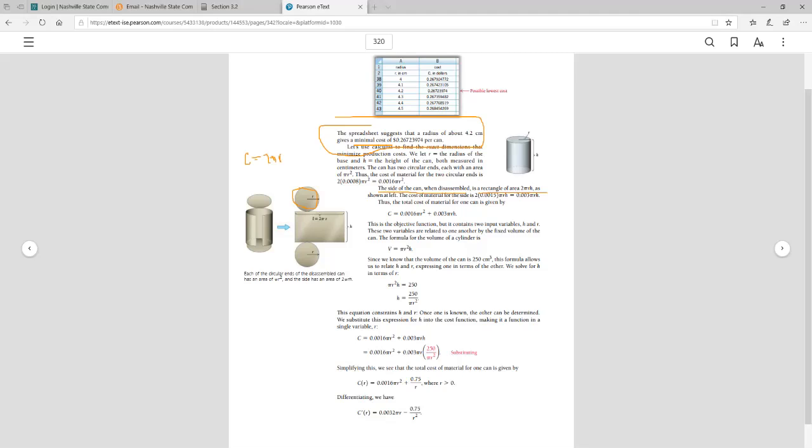But the distance around the circle is 2 pi r, which means that the distance from here to here along the rectangle would be the same, 2 pi r, and of course the height of the can is just h. That's sort of the trick. Once you figure out that the circumference of the circular bases is actually equal to the length of one of the sides of the rectangle, that is really half the battle.